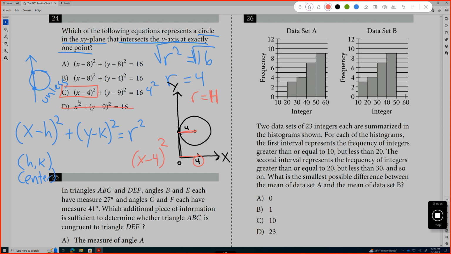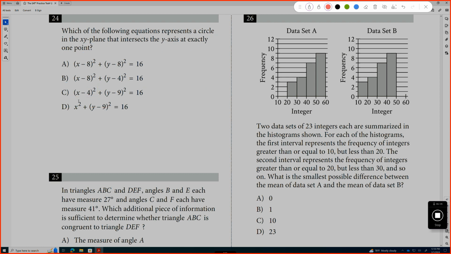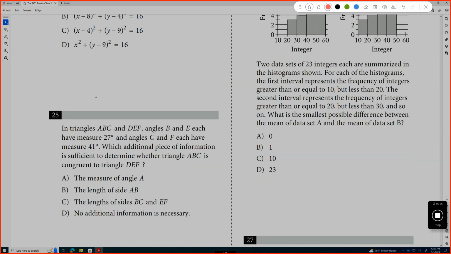That's just how high on the y-axis it is touching. So the center is going to be (4, 9), but it doesn't matter because only C has the 4 as the x value for the center of said circle. Okay, so while you finish that, I'm going to erase. You can pause that. After I erase, I'm going to go to 25.